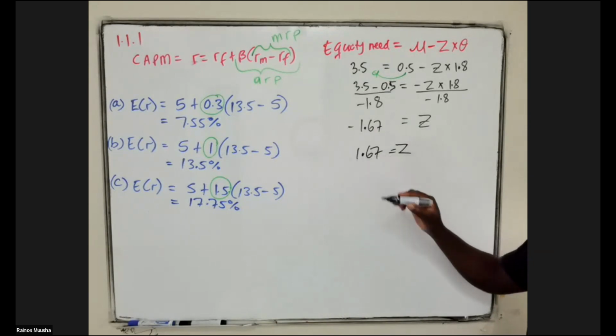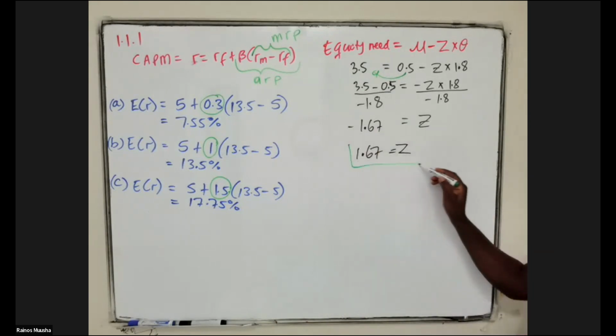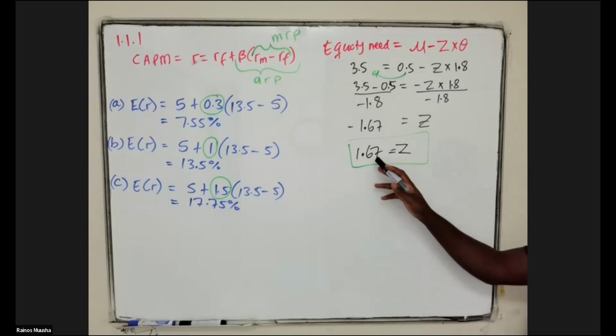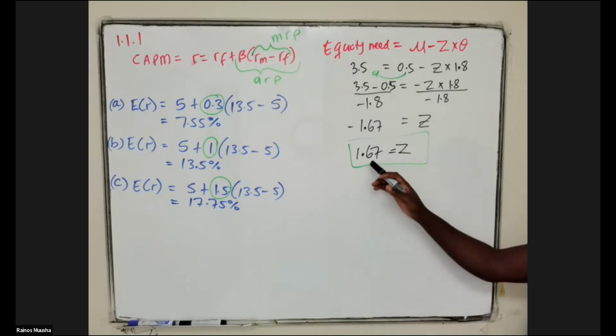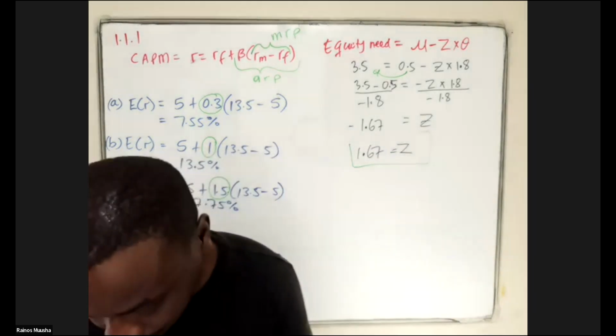On our normal distribution table, we are going to look for the value corresponding to a Z value of 1.67.